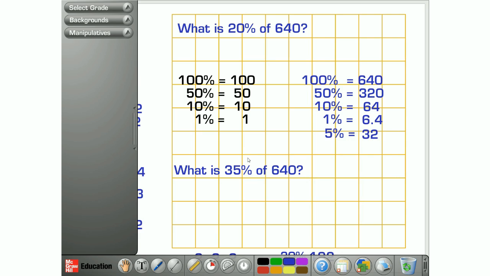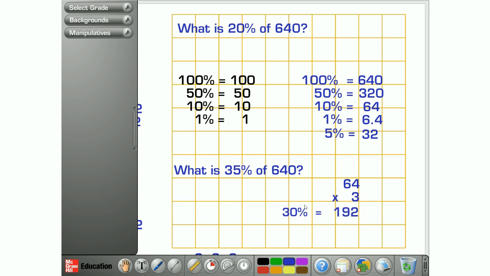Now, we've got enough to work this out. We need 5% for the 5% of 35, and we need 3 lots of 10%, because 3 times 10% is 30%. So we're going to multiply by 3. There's 64, that's 10%. We times that by 3 to find out what 30% is. You need to use your short multiplication here, but the answer is 192.